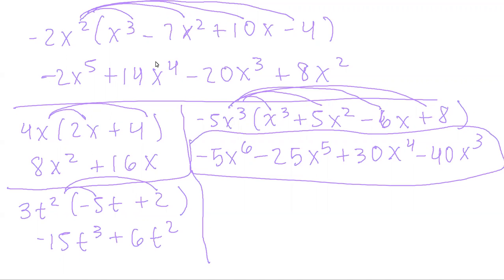So this is really the whole process. When you have something on the outside of the parentheses, you just distribute. Okay, so now that we have that down, I'm going to talk about multiplying two binomials.